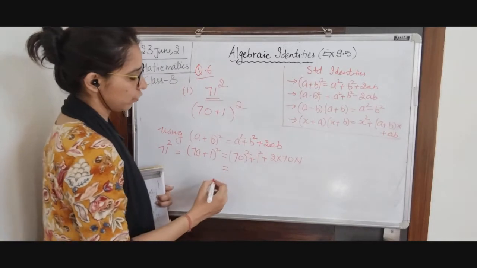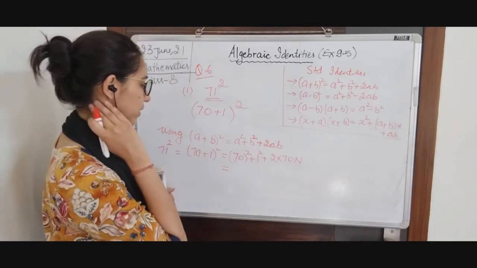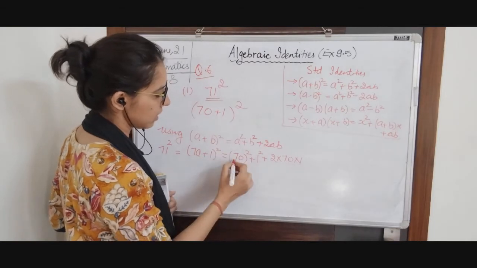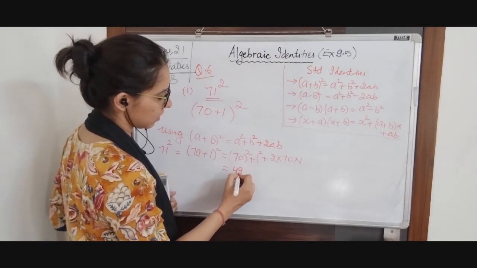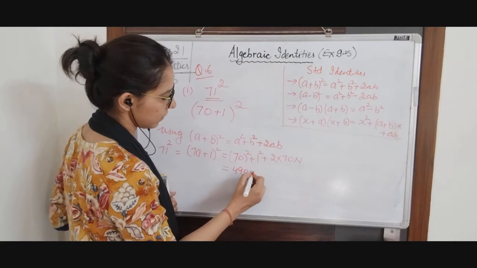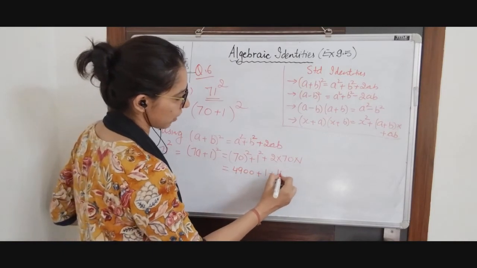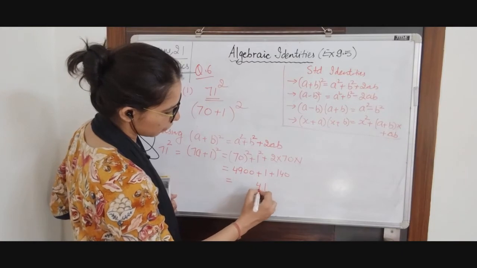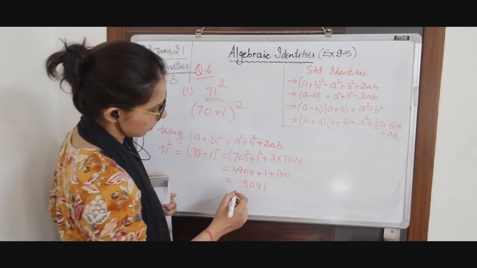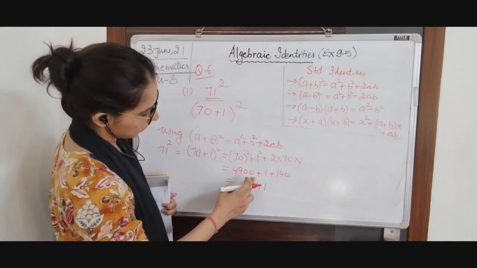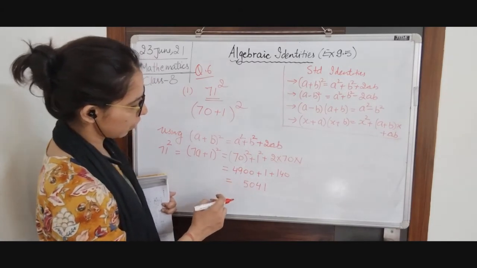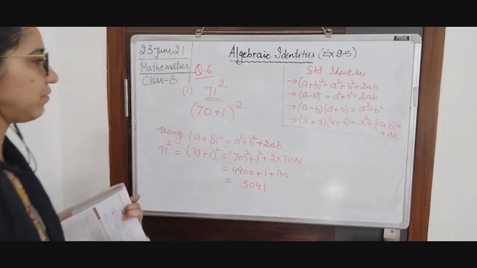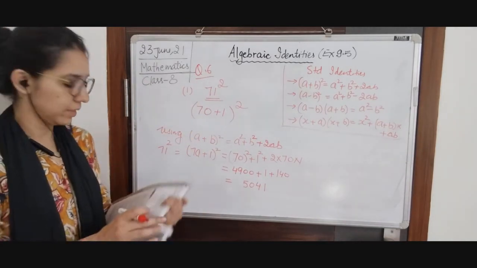Our purpose is to simplify the calculation. So 70 square we know will be 4900, plus 1, plus 140, and when we add them we will get 5041. So this is the square of 71. We have simplified 71 square using identities.